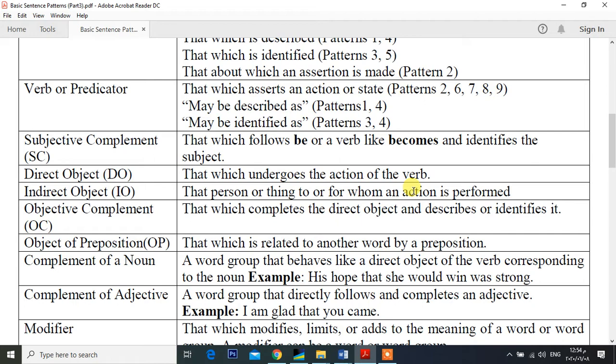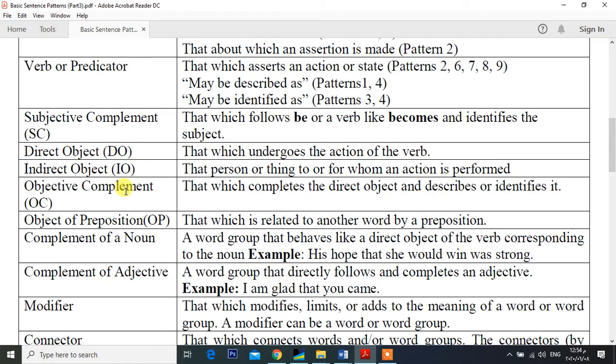The girl here is the indirect object, and the function of this indirect object is to or for whom an action is performed. So this action is performed to the girl. This is the function of indirect object.